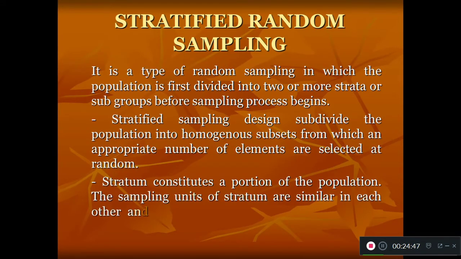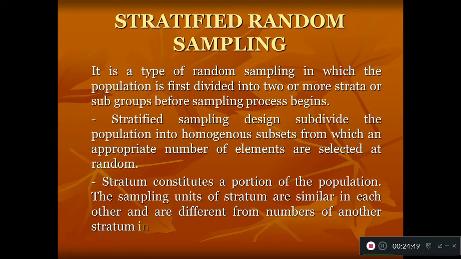For example, in a college, 400 students are there. So first we divide the students into different strata. For example, we divide the students into those who come from villages, rural areas, those who come from urban areas, and we also divide into various strata based on the course they are studying.